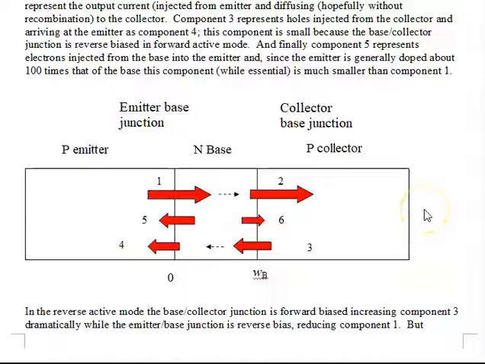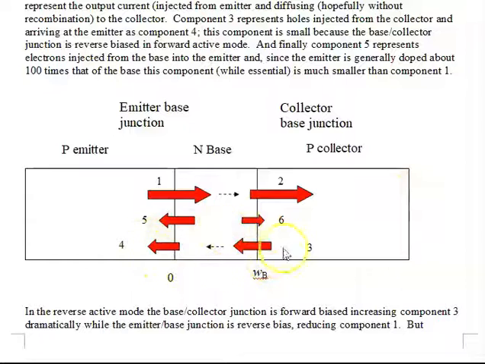And a minus will push electrons back, repel electrons, where the plus sign here will attract electrons like a vacuum cleaner will suck them up. And of course, holes, it's exactly the opposite. The holes at this junction, which represents component 2, will be sucked up by the negative voltage.